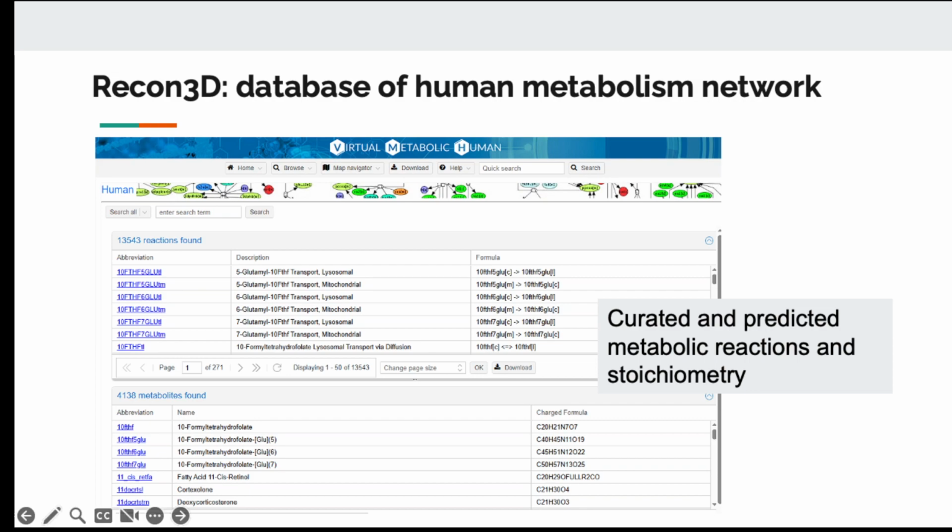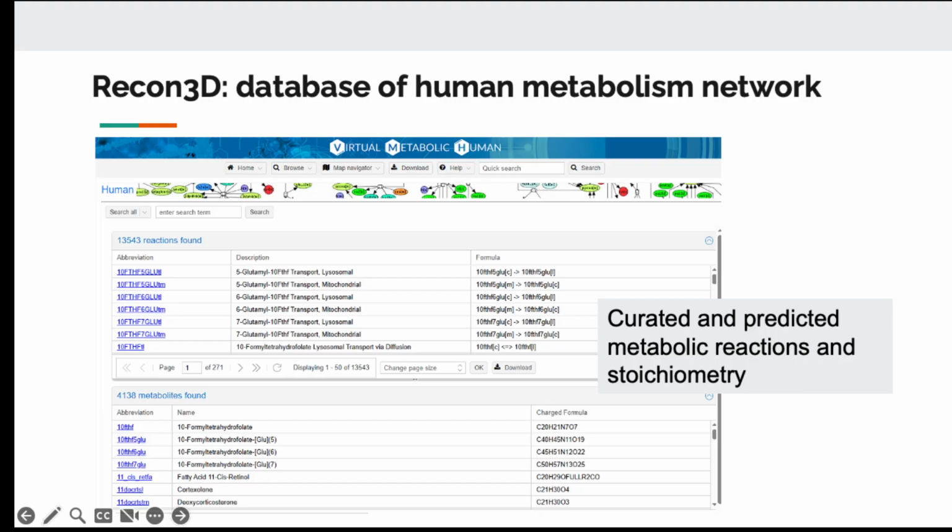So if you go to a database like Recon 3D, you can build a metabolic pathway inside a certain organism by looking at which enzymes exist inside that organism and which metabolites are produced and used by that enzyme.